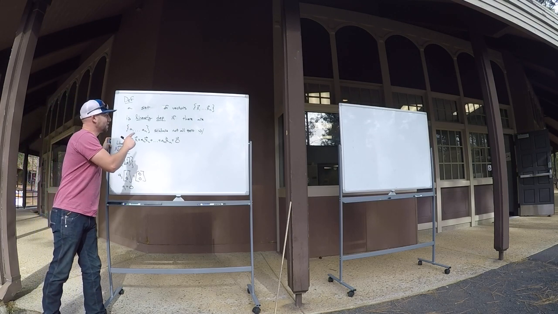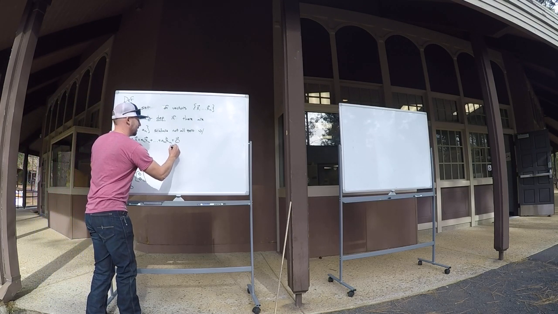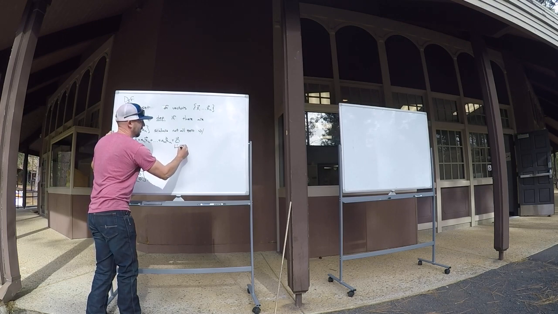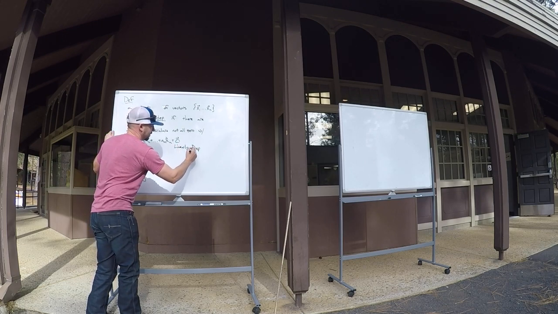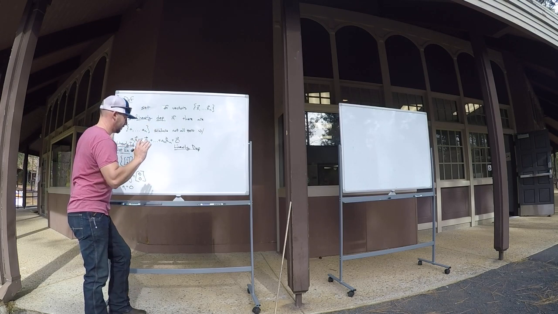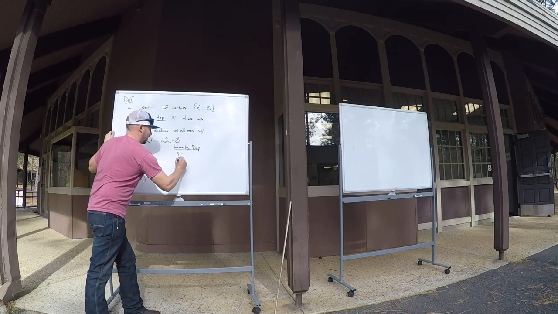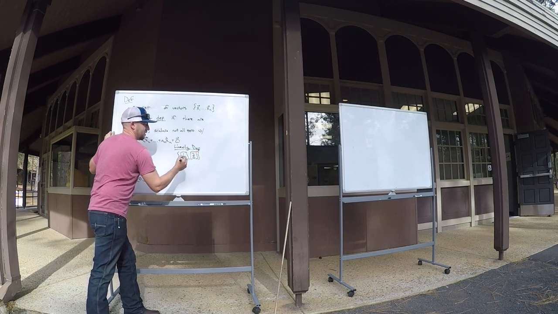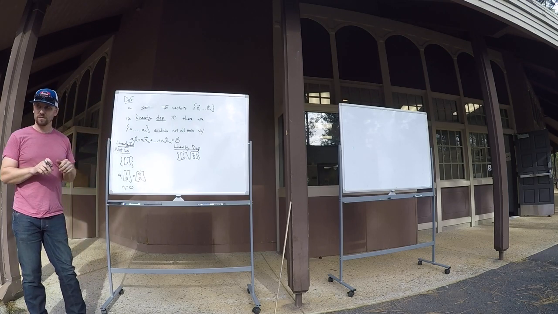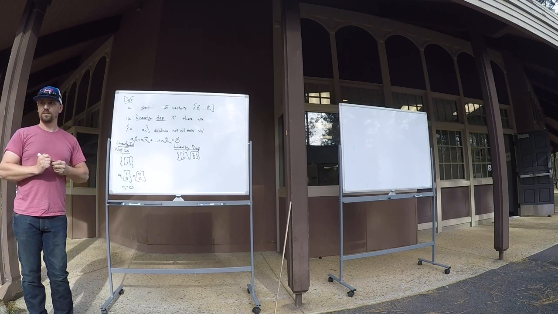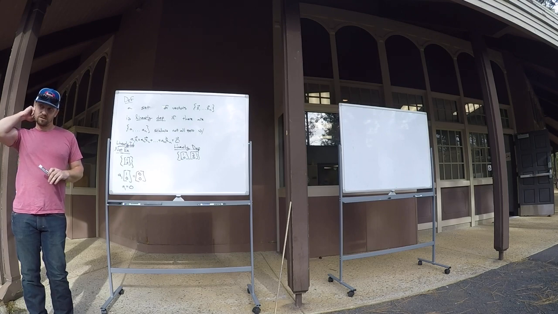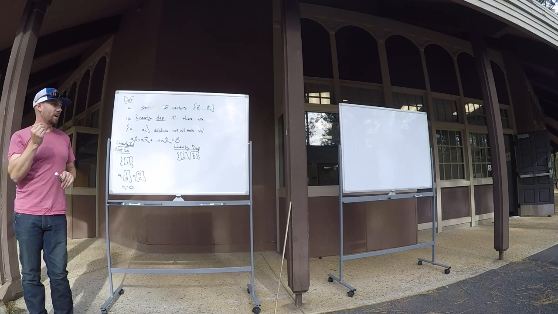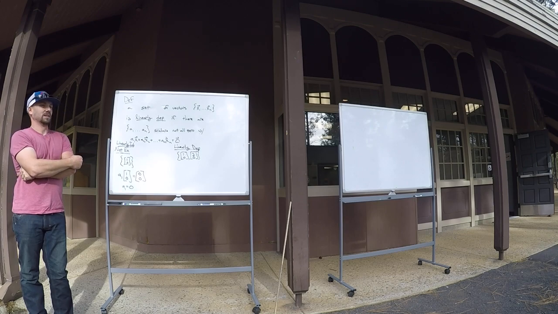So here's an example of something that is linearly dependent. I'm going to take the vector (1, 0) and the vector (2, 0). You guys with me on this? Okay. Why are those linearly dependent?